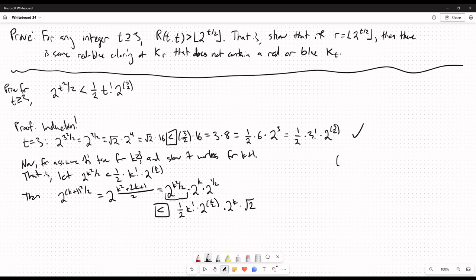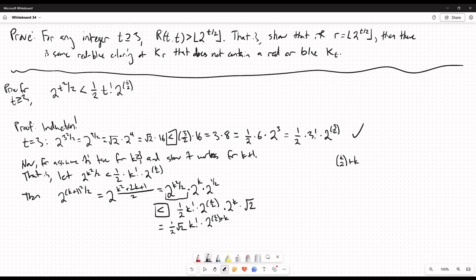What's k choose 2? Well, actually, we'll get there later. I'm eventually going to ask myself what's k choose 2 plus k. Why am I going to ask myself that? Well, because, let's just reorder this stuff. This is really 1/2 times square root of 2 times k factorial times 2 to the power of k choose 2 plus k. I just reordered some stuff.